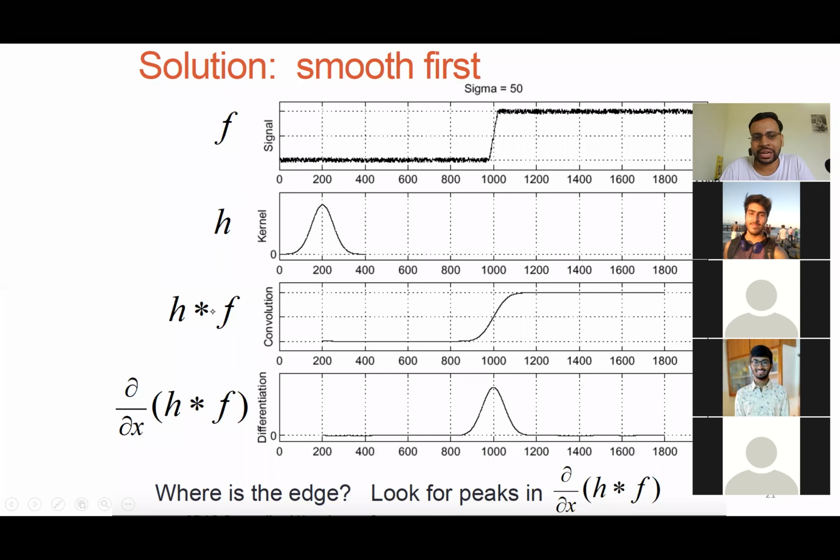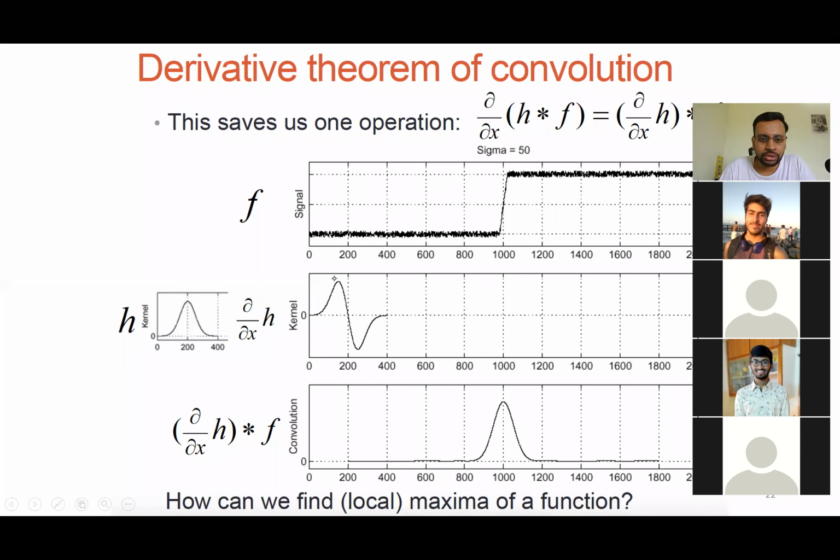If you compute the derivative of h, that is what you get there. So instead of convolving with a Gaussian to smooth, followed by another kernel, you simply convolve the image right away with this kernel. This is how you would do it in practice.